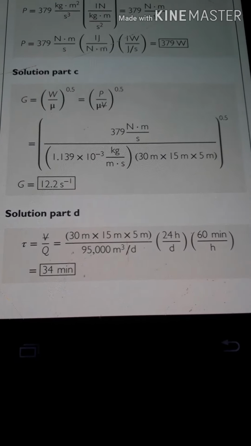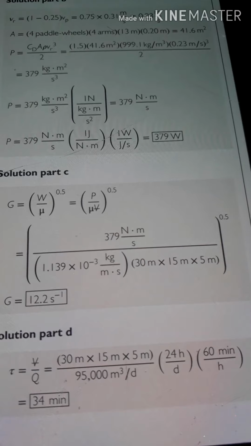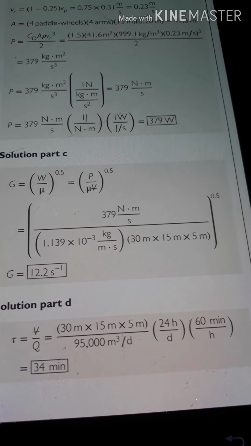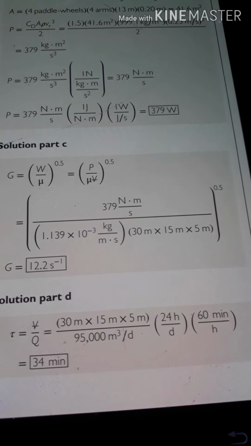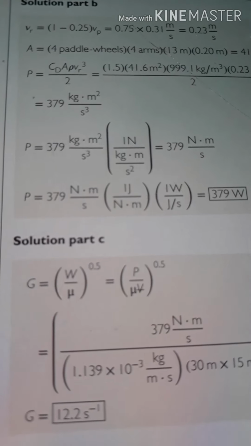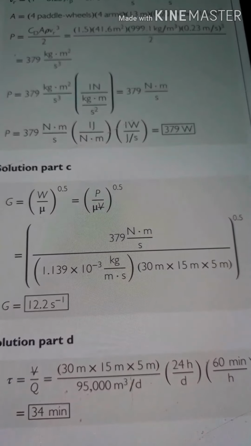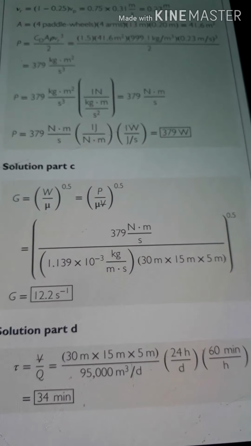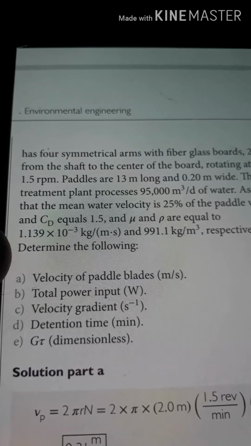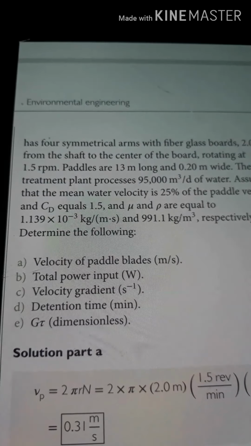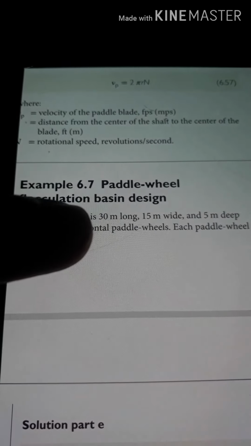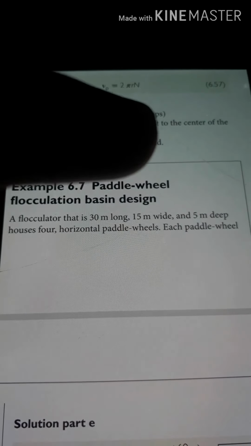So here, what we're going to use is P over mu times V. We already know the power imparted to water, which is 375 N times m per second, over our mu, which is 1.139 times 10 raised to negative 3, multiplied by the volume of the basin, which is the product of 30, 15, and 5.